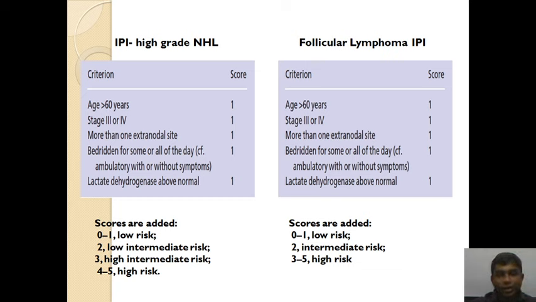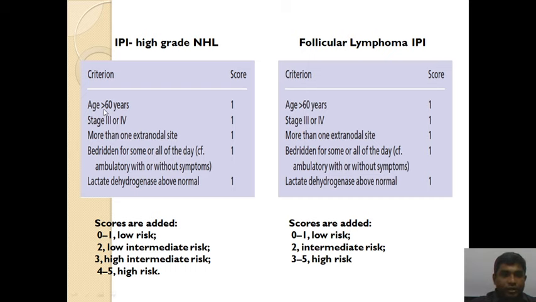Grading is another factor which needs to be taken into account when studying lymphomas. So there are different types of grading for different types of lymphomas. The most commonly used grading is the IPI grading, where you have different categories which include age, stage of the disease, extent of extranodal spread, and the performance status and LDH levels.